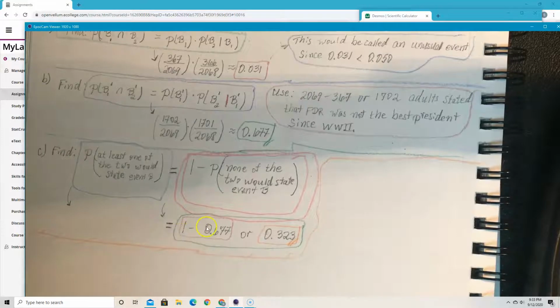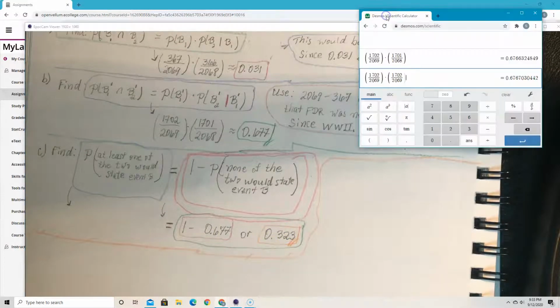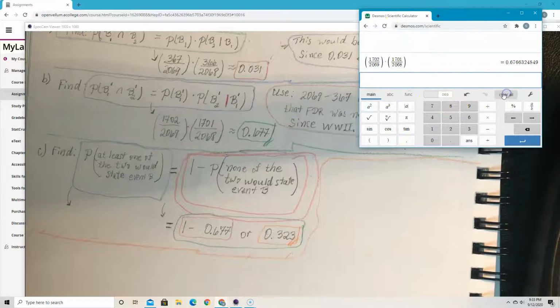So it's 1 minus 0.677, which is 0.323 to 3 decimal places. And there we go.